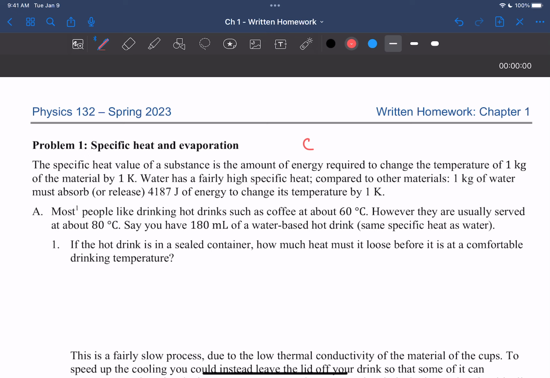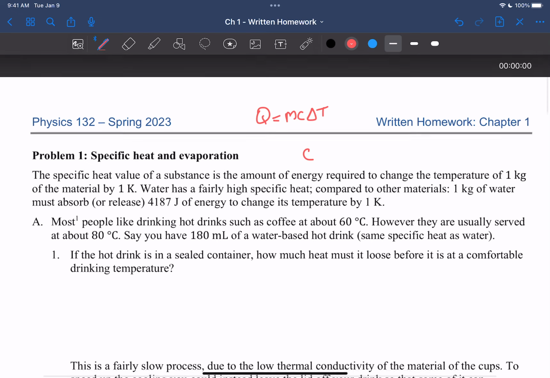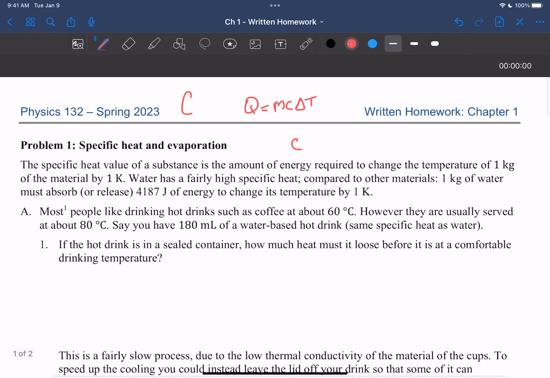All right, so the specific heat value of a substance is the amount of energy required to change the temperature of 1 kilogram of a material by 1 Kelvin. If you remember from Gen Chem, specific heat capacity is denoted as c in the equation Q equals mc delta T, right? c is your specific heat capacity. There's also an additional C, this big C, and that's just general heat capacity.